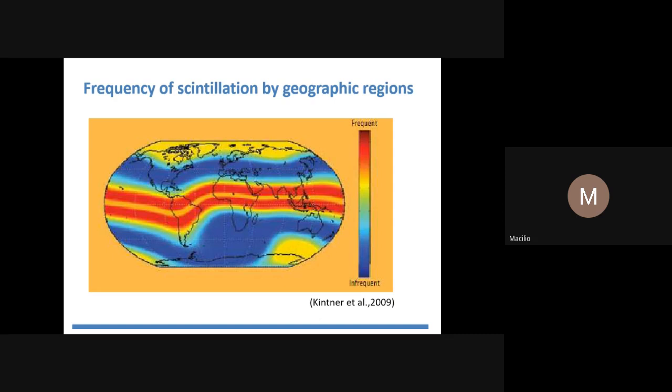Observe we have a deviation between the magnetic equator and the geographic equator in this region near Brazil. For this reason, probably Brazil is the region on Earth where the scintillation is most frequent.